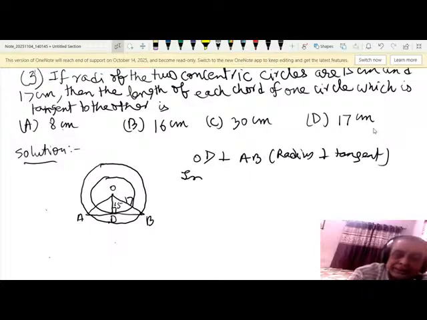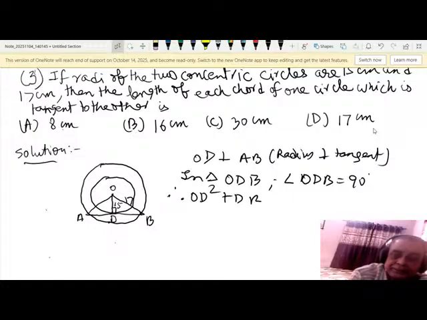So in the triangle ODB, because angle ODB is 90 degrees, we have OD squared plus DB squared equal to OB squared, by Pythagoras' theorem.